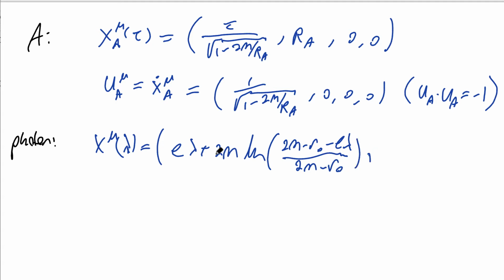That's the first component, the 0 component. The second component is just E lambda plus r naught, and the final components are just 0. So we need to first figure out where these two world lines cross.